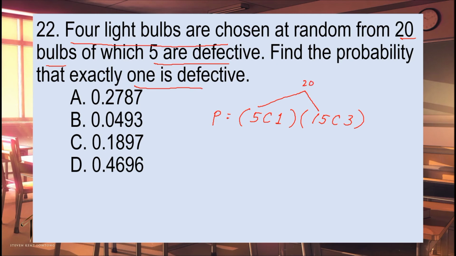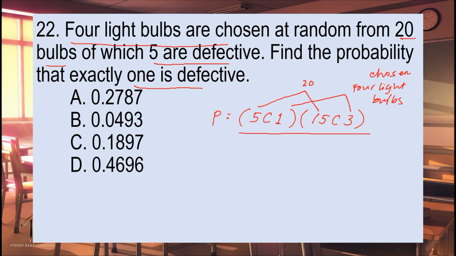And yung isa-select natin, si 1 from the defective group, so 5C1, and yung 3, isa-select naman siya dun sa hindi defective. Okay, so ito yung 4 light bulbs that are being chosen. Ayan, chosen 4 light bulbs. Okay?